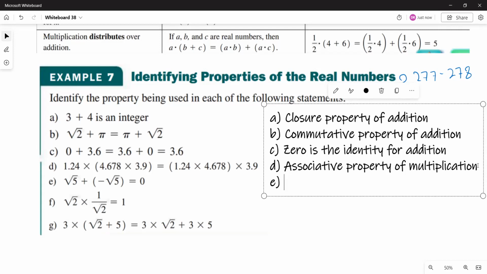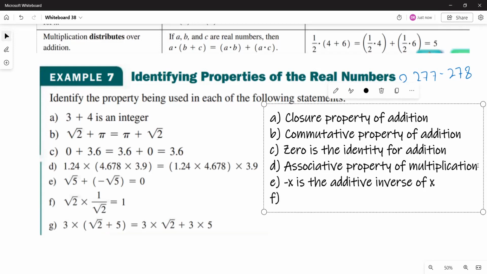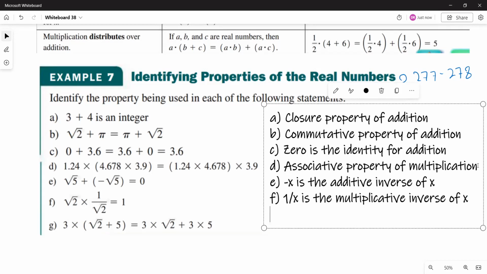This is the fact that the opposite of x is the additive inverse of x. F, a number multiplied by its reciprocal is 1. This is the property that the reciprocal of x is the multiplicative inverse of x. And G, this is the property that multiplication distributes over addition.